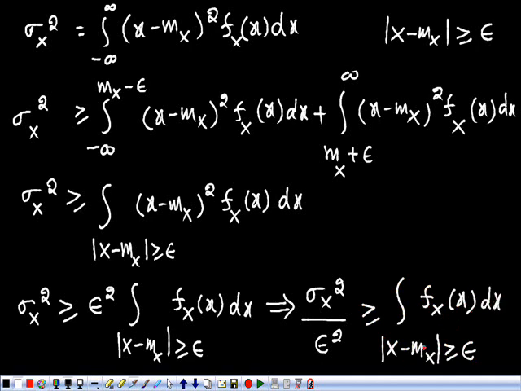So here we are integrating the probability density function of the random variable x over the interval minus infinity to mx minus epsilon, mx plus epsilon to plus infinity. So that value is always less than or equivalent to this value, or otherwise this value is greater than or equivalent to this value. Understood this? So this is the important result we use later.